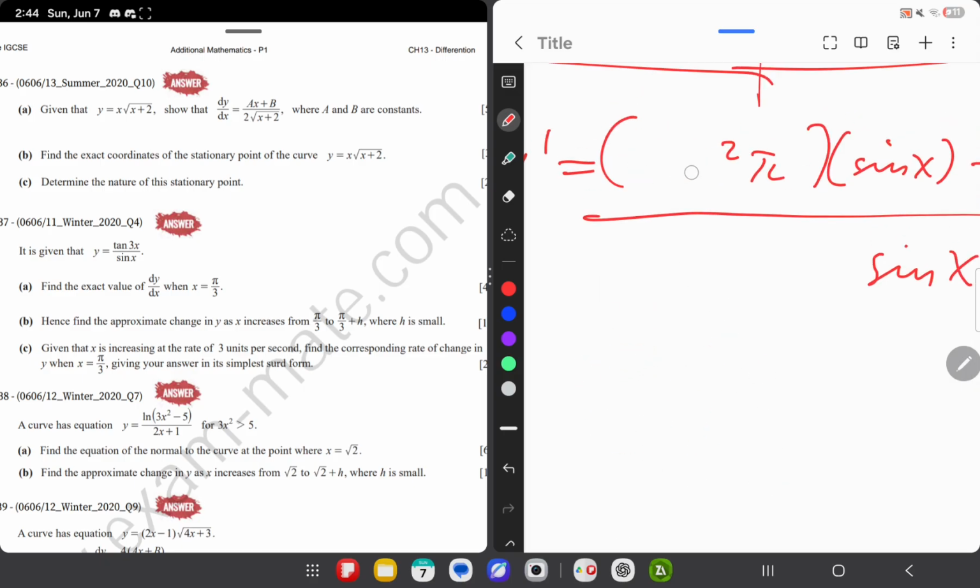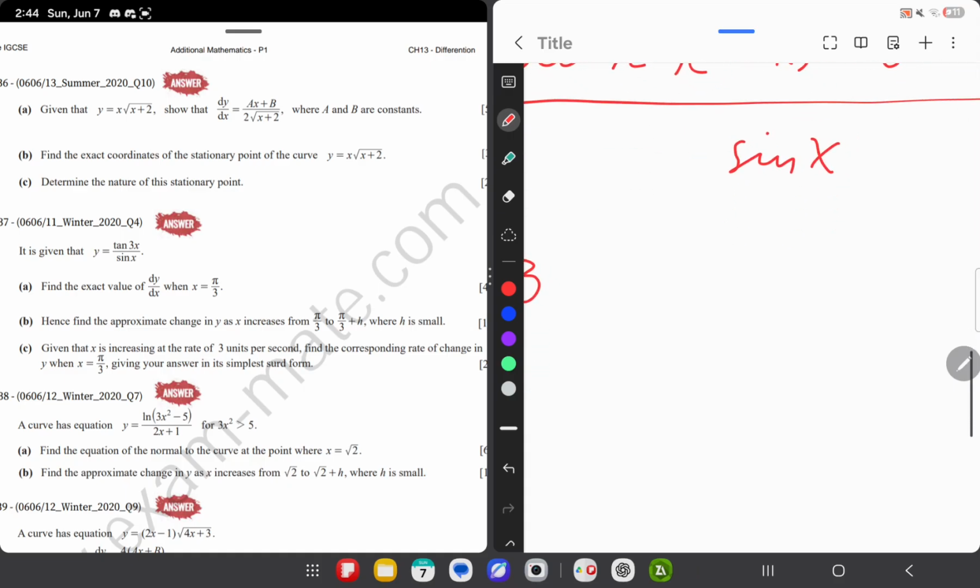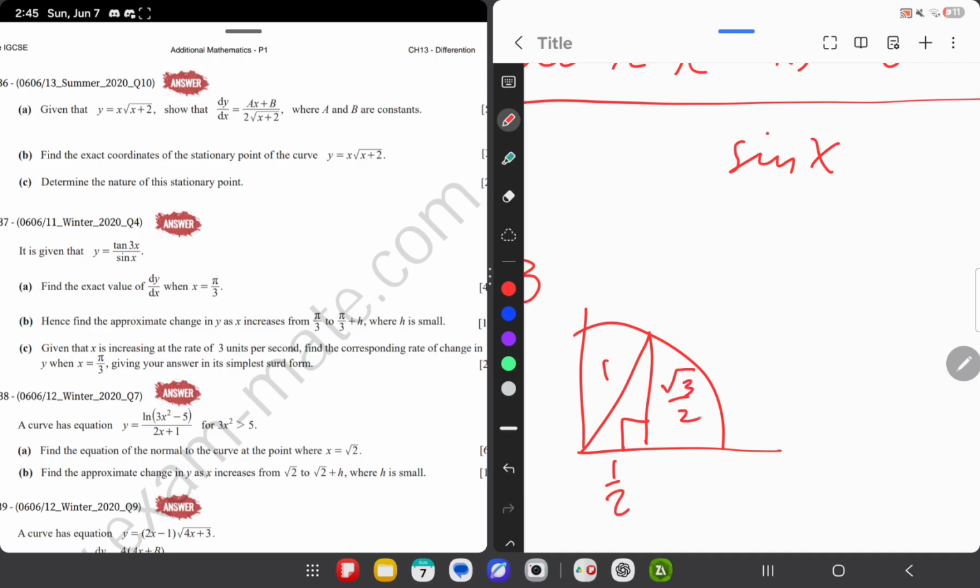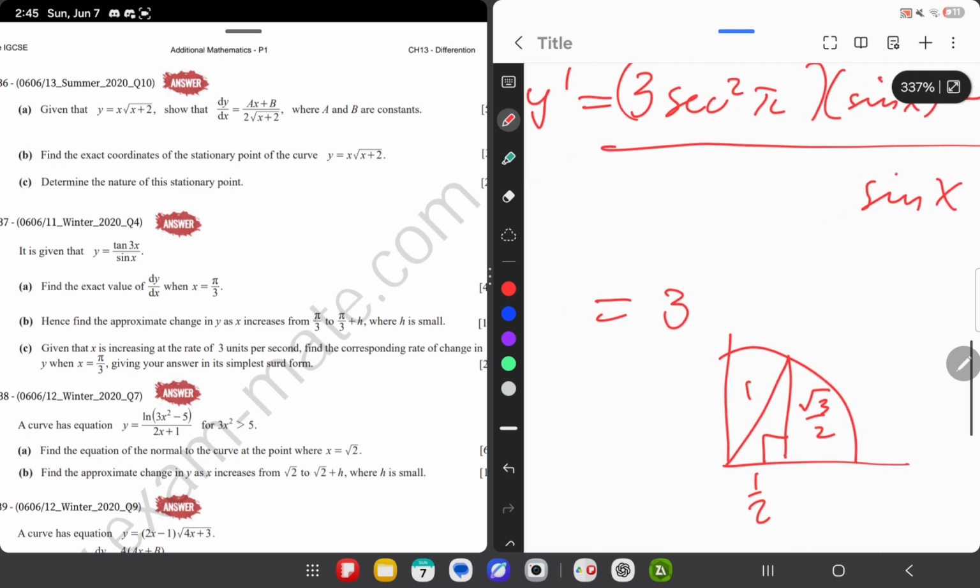So this evaluates to 3 times sine of pi over 3. Pi over 3 is 60 degrees. 30, 60, 90 triangle: this is 1/2 and root 3 over 2. So sine of x is root 3 over 2.